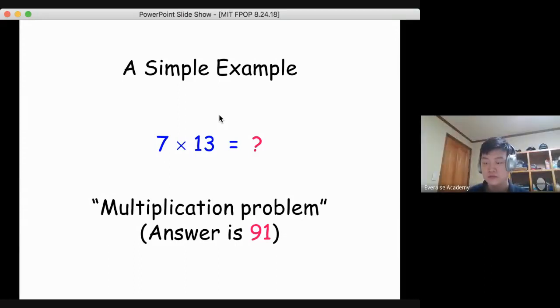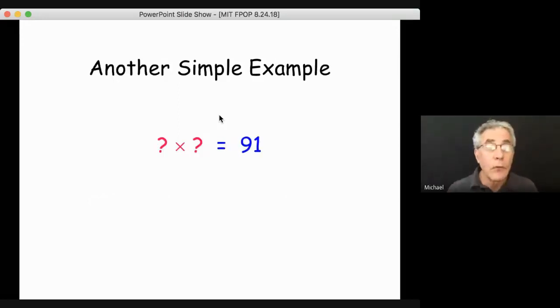Here I'm going to give you what we know was the answer from the last slide, the number 91, and I want you to come up with 2 numbers that multiply together to give you 91. Now, of course, you could remember from the previous slide, but just imagine for the moment we're starting afresh. I give you the number 91, and I want to know what numbers you have to multiply together to give you that result, 91.